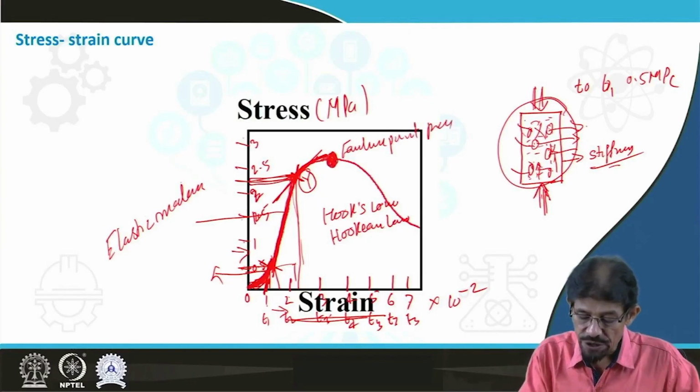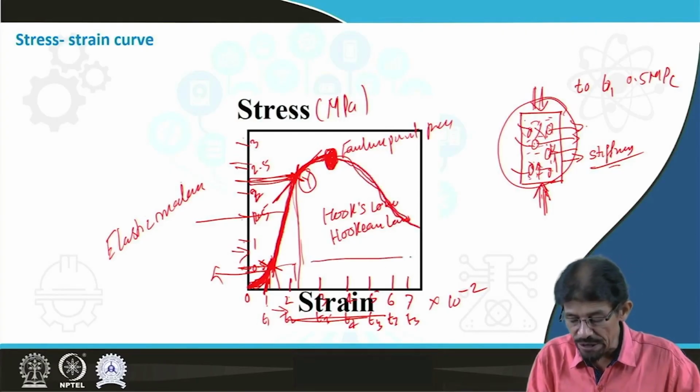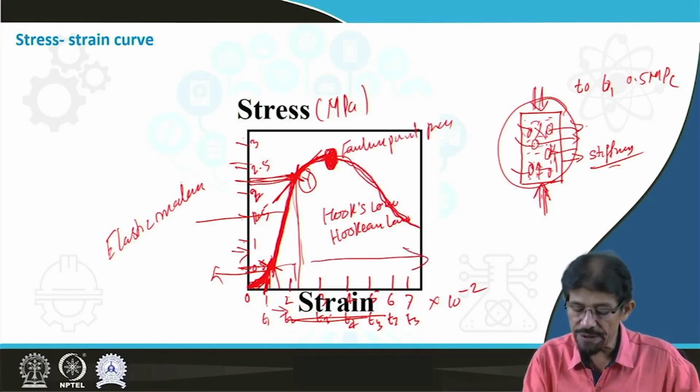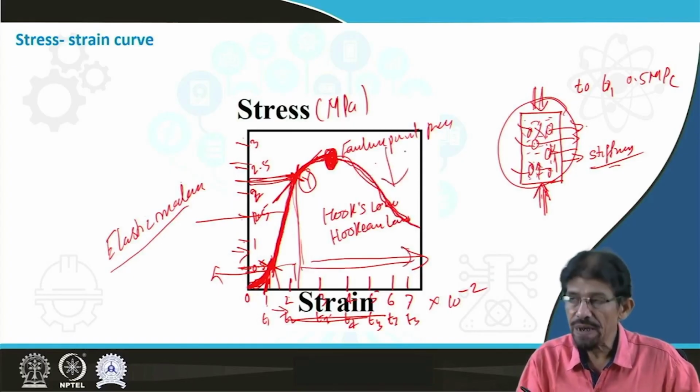After this the rock is unable to bear the load and the built-up stress started declining. Therefore, in this state there is an increment in the strain, but a decrease in stress.